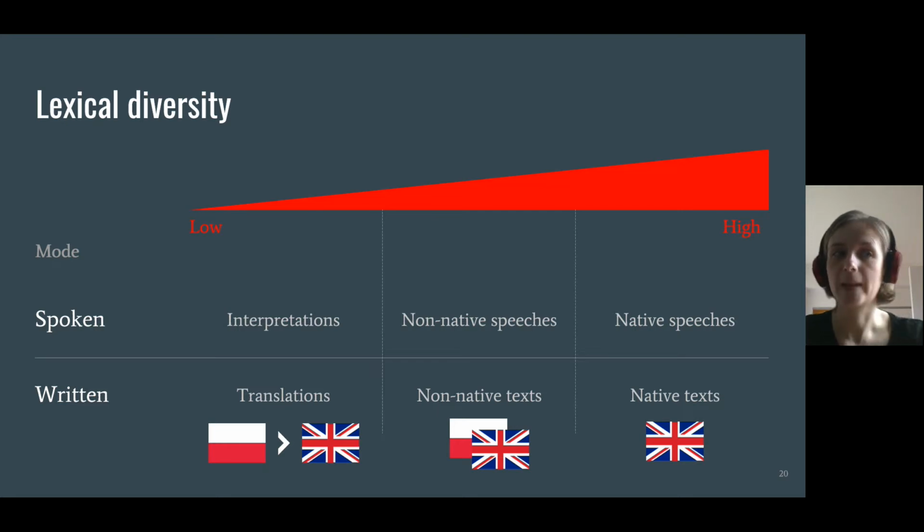They use the same words all the time, so to say. So they are less lexically diverse.